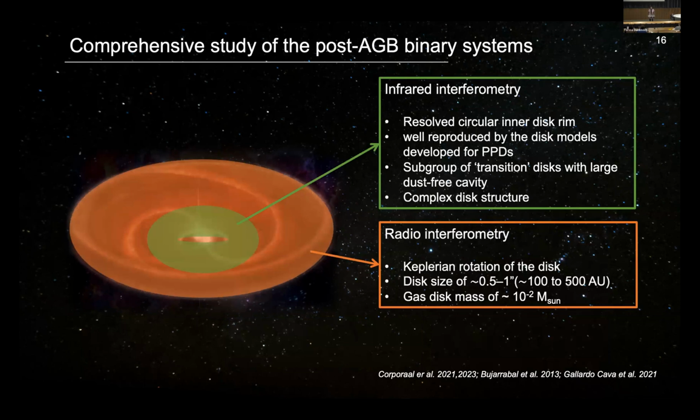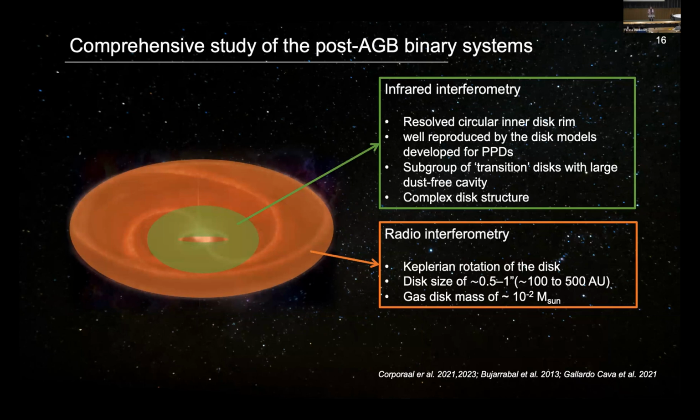Now, coming to the disk, finally, deep near-infrared interferometric studies spatially resolved the hot dust inner rim of the post-AGB circumbinary disk, confirming that the inner rim is located predominantly at the dust sublimation radius.